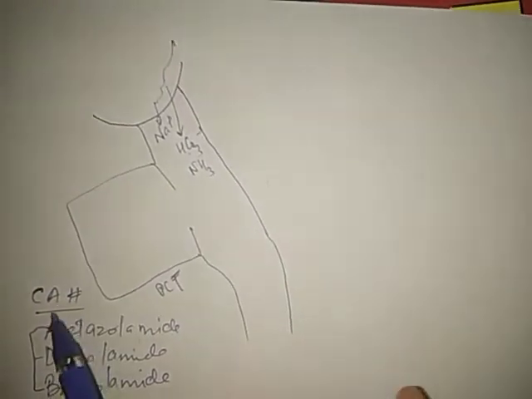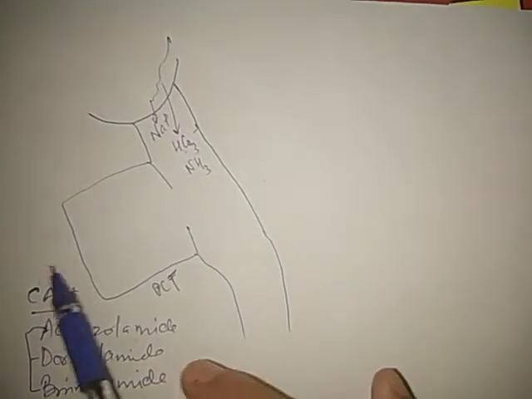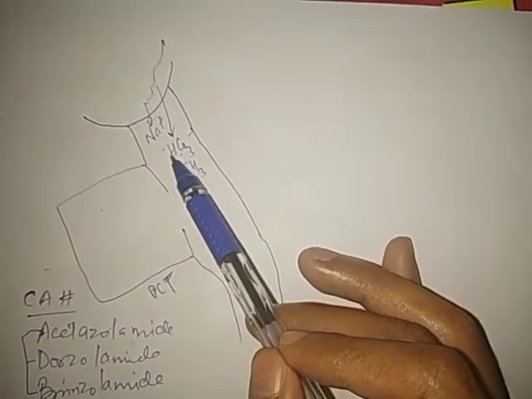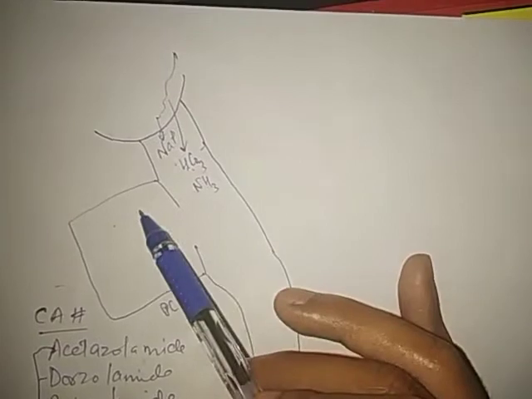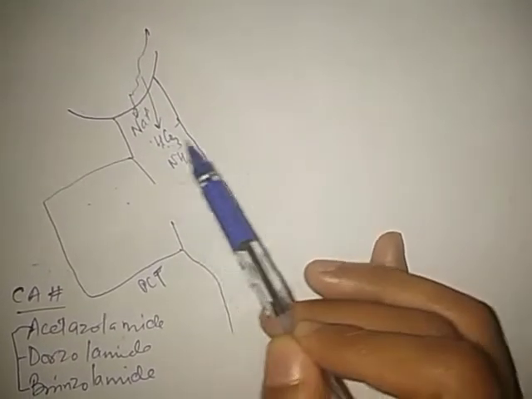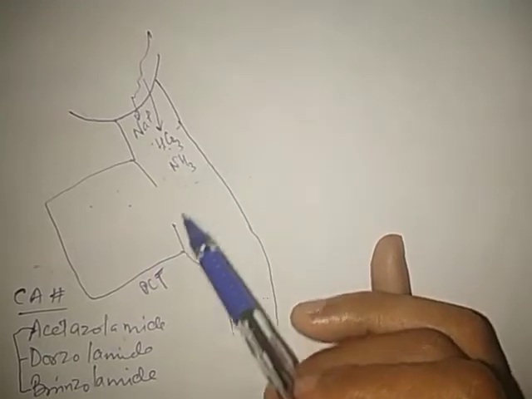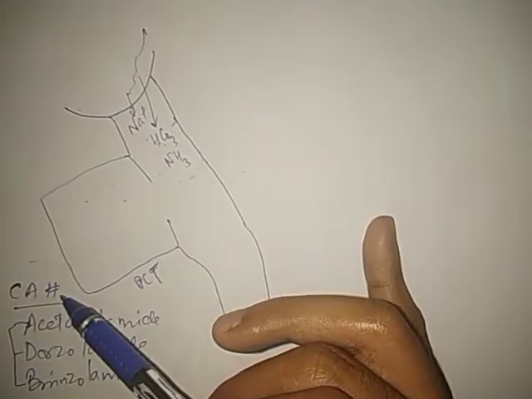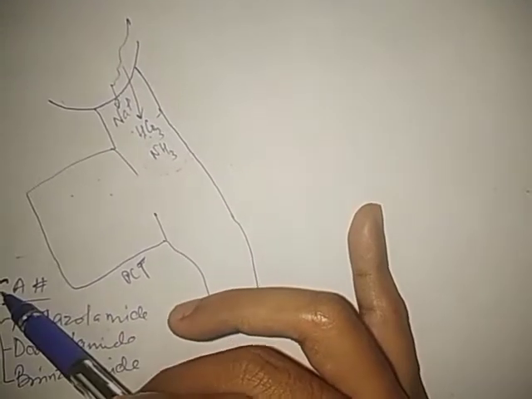But when we give drugs like carbonic anhydrase inhibitors, sodium and bicarbonate can't be reabsorbed, but ammonia gets reabsorbed and it can cause hepatic encephalopathy in the patients who are on carbonic anhydrase inhibitors.